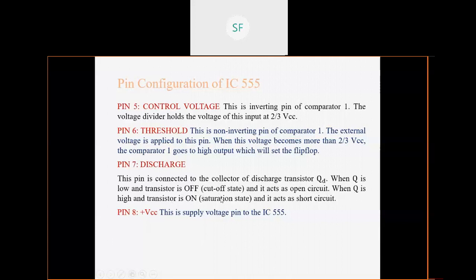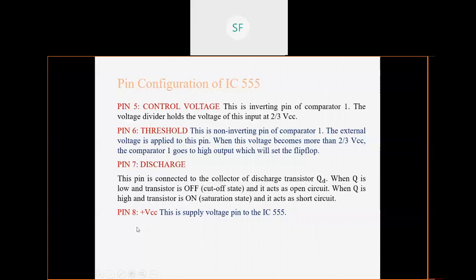But when Q is high, that is, suppose the value of Q is 1, then the transistor becomes on, that is, in saturation state, and it will act as a short circuit. We have just now discussed this.